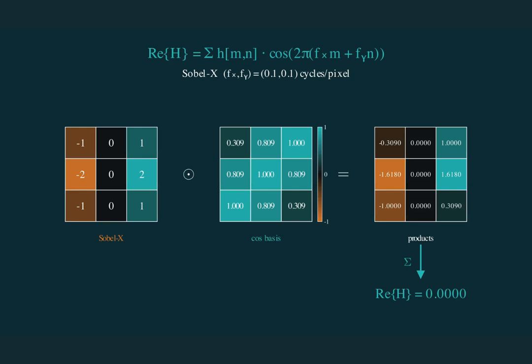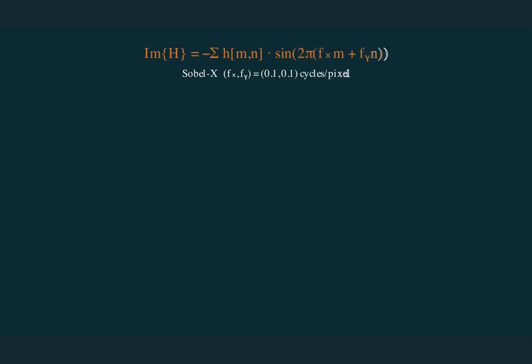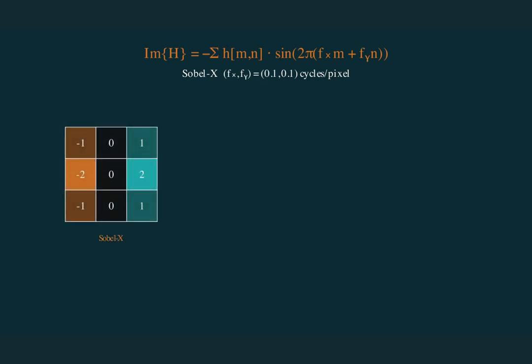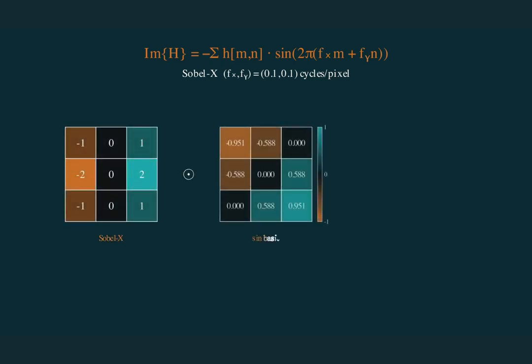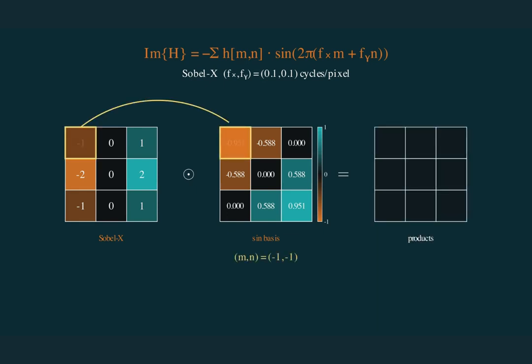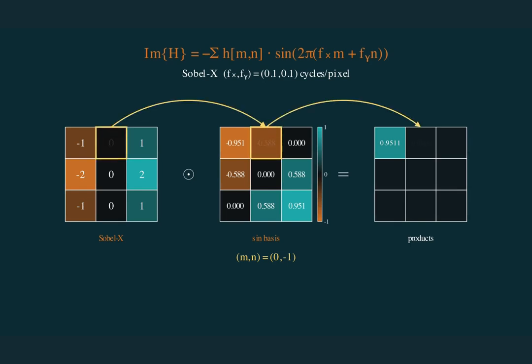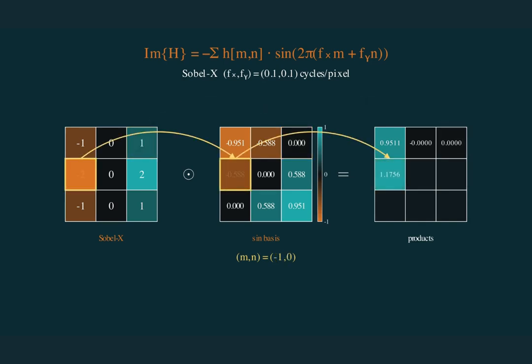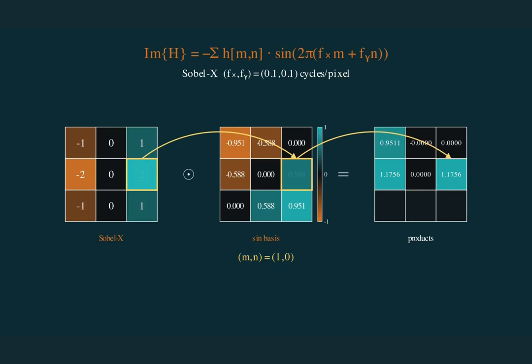And this is where the imaginary part comes into play, because the imaginary part, as you remember, uses sine. And if you remember from, I think, high school mathematics, the sine function lags 90 degrees behind the cosine function. So in this case, the sine basis images are going to be anti-symmetric along the same spatial direction as the cosine was symmetric about.